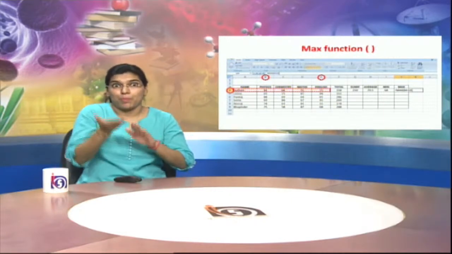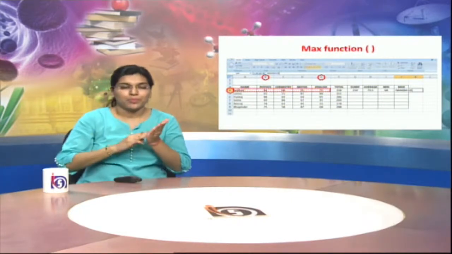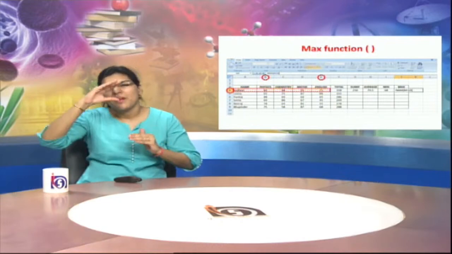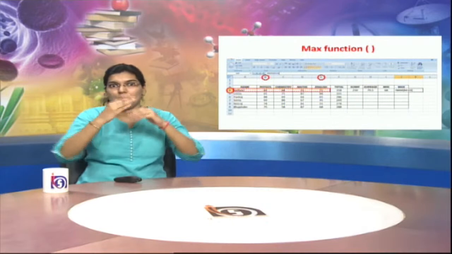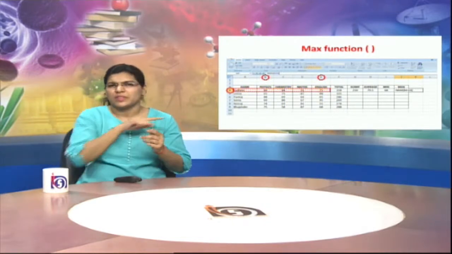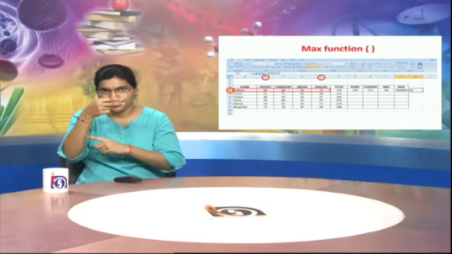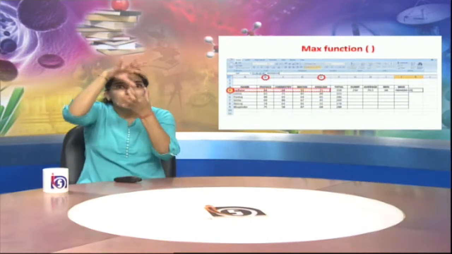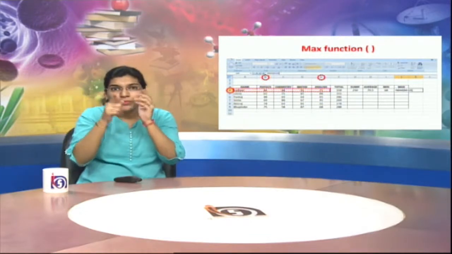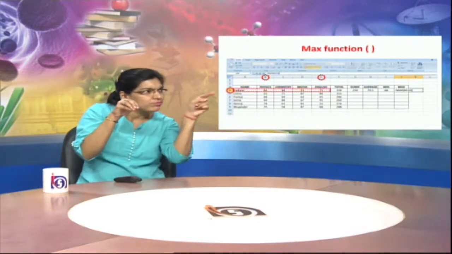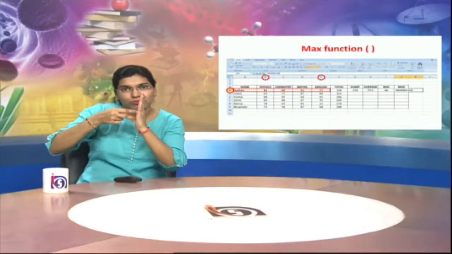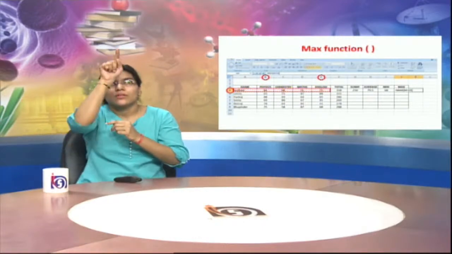Now let's understand the max function. Earlier we had talked about the minimum function, and now this is different. So the max function is used for marks which are more than. It is kind of a similar procedure. You just have to put in the range like B4 till which cell.